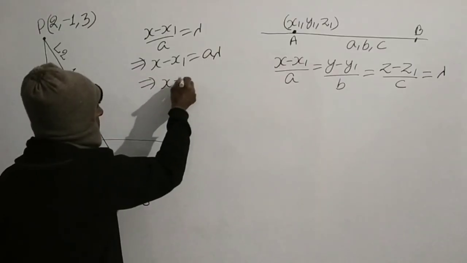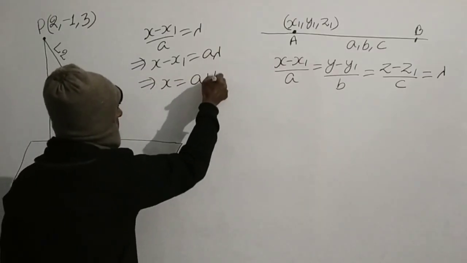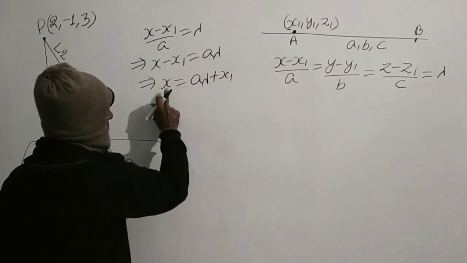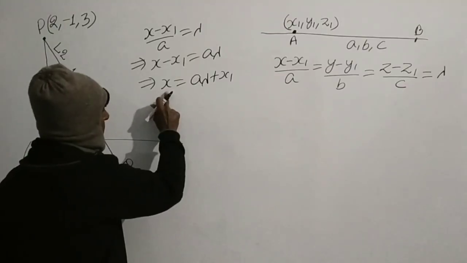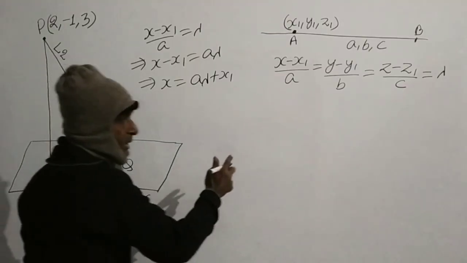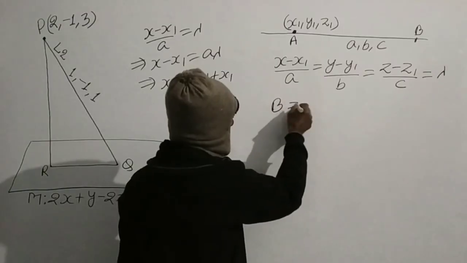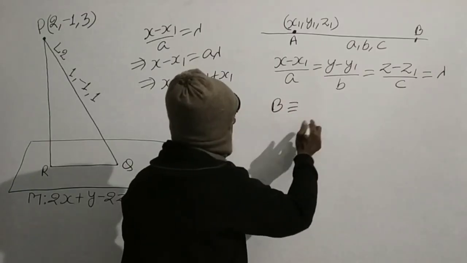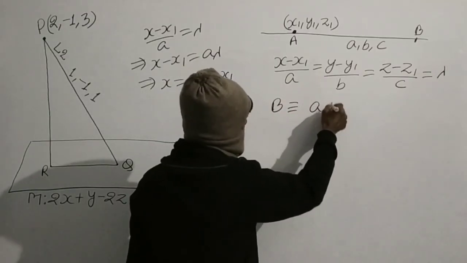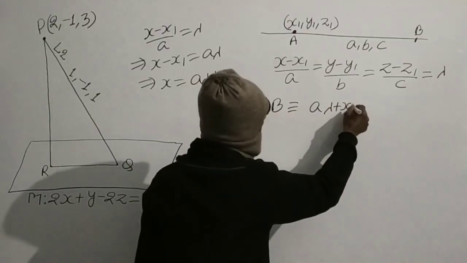This implies x is equal to a lambda plus x1. Therefore, x coordinate of B will be a lambda plus x1.